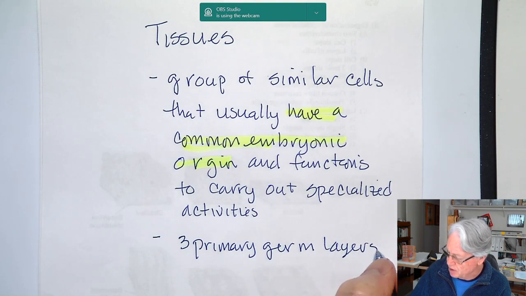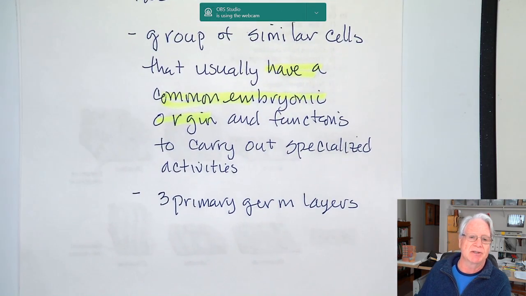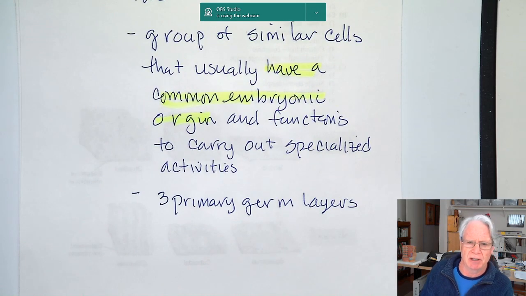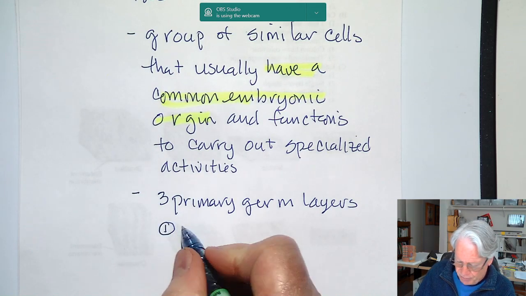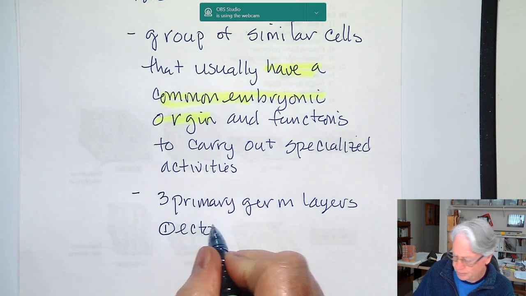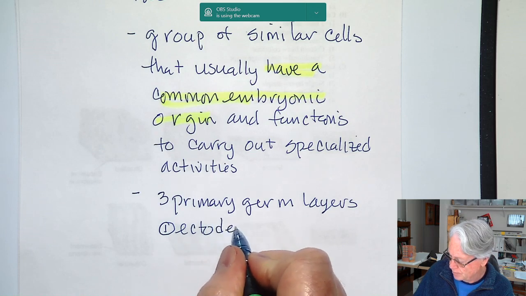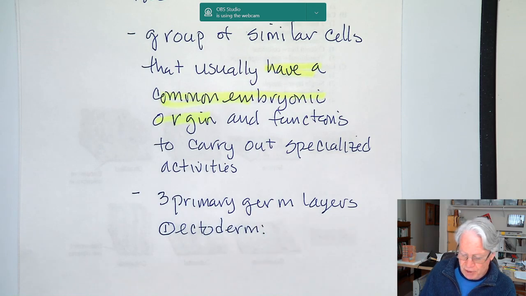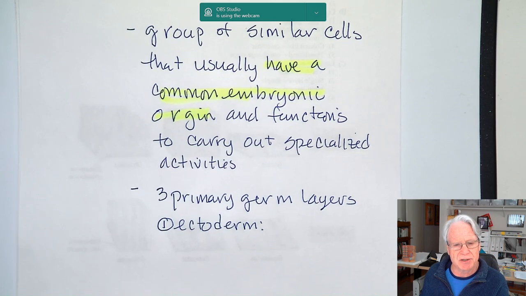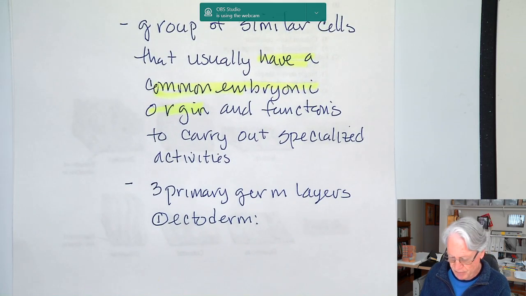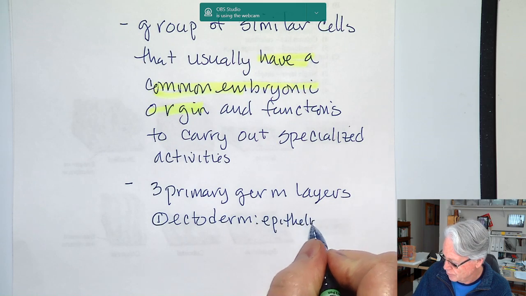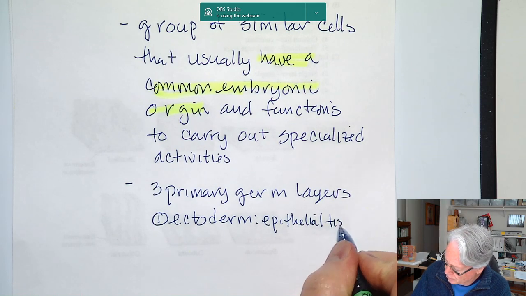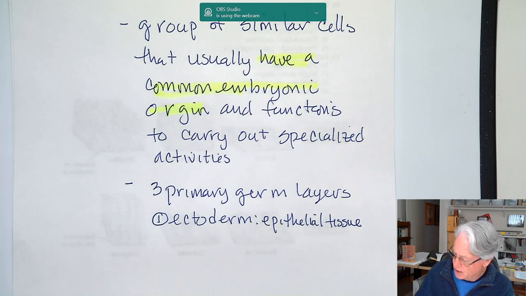And from these 3 layers of cells, called the primary germ layers, you're going to develop your body. These 3 include the ectoderm, which is going to give rise, as far as we're concerned, since we're talking about tissues here, epithelial tissue and nervous tissue.